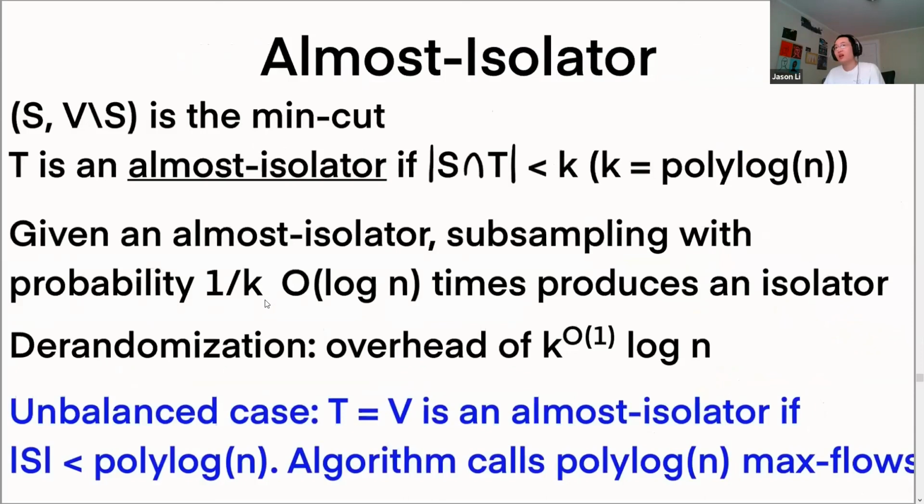But now de-randomization is a lot trickier. How do we specify a small set of vertices? We have to specify a small family of subsets where each set hits, let's say, one of the halves exactly once.